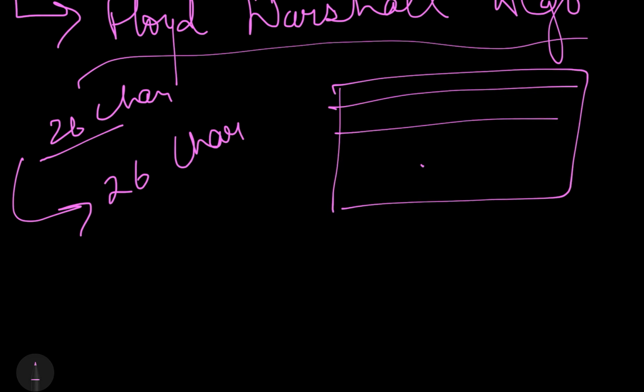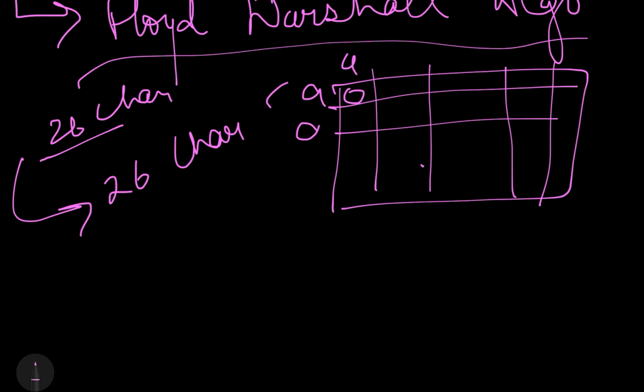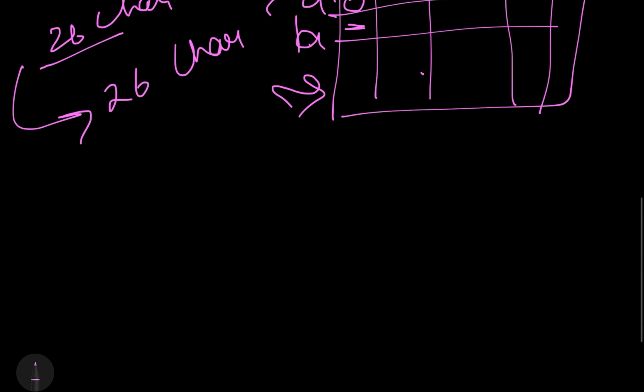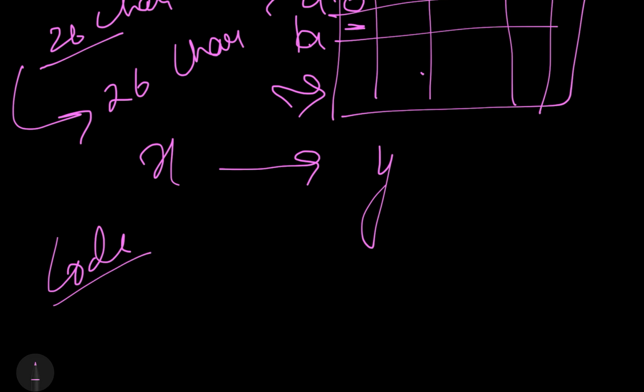So we can take a 26 by 26 matrix and see how A converts to A. So the cost is 0. A to B conversion, what is the cost? We can store it from here. And using the Floyd Warshall algorithm, we can find the shortest path to convert from any character X to any character Y.